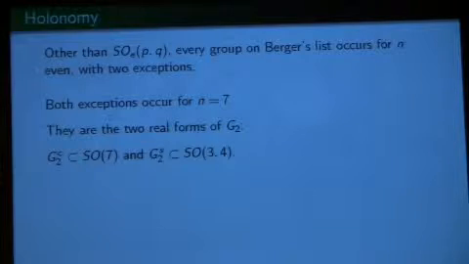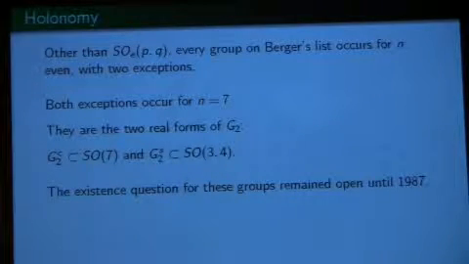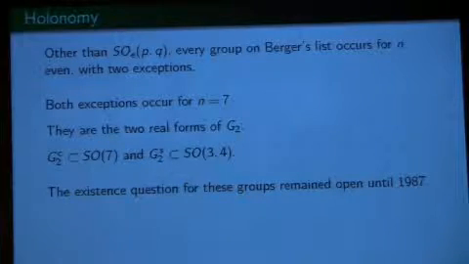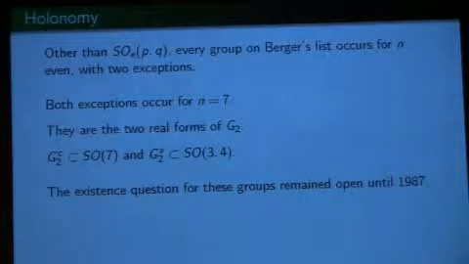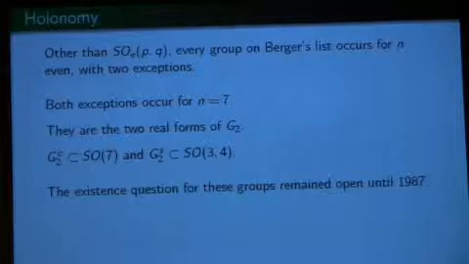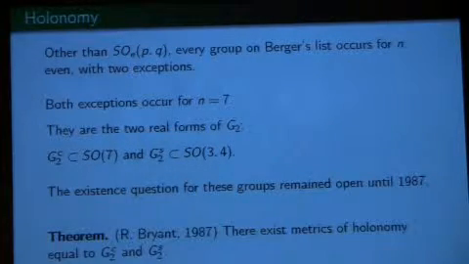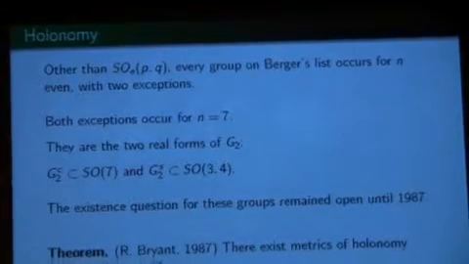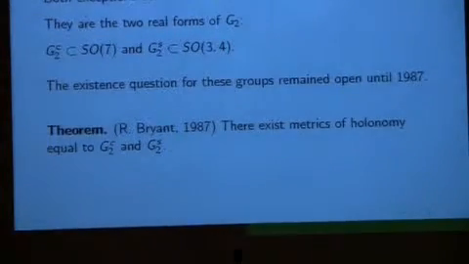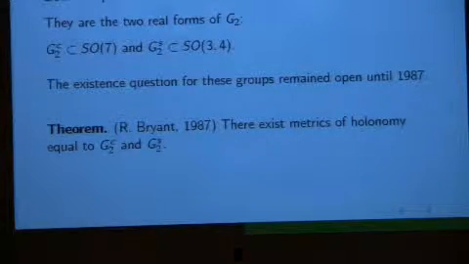Nobody knew whether there were metrics that had this holonomy. This existence question stayed open for more than 30 years, and it was solved by Robert Bryant in 1987. He showed that there exist metrics whose holonomy is compact G2 and other metrics whose holonomy is split G2.